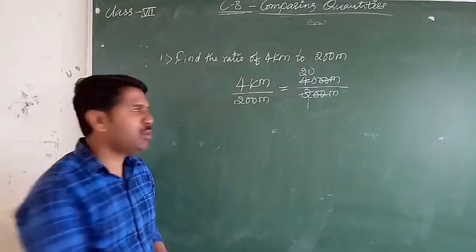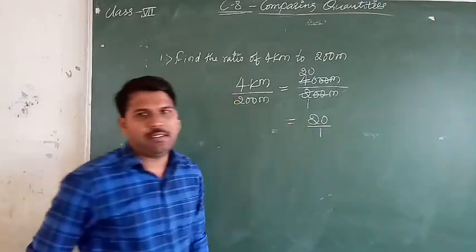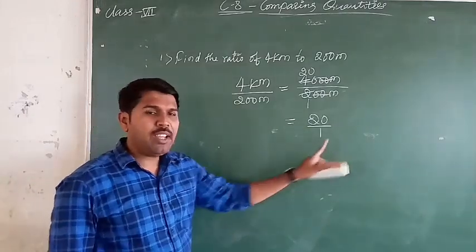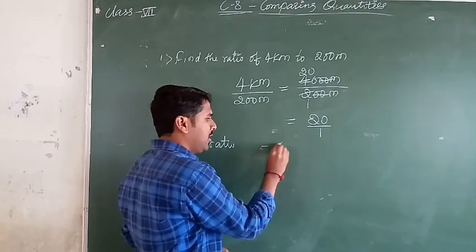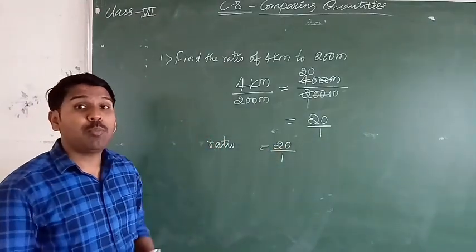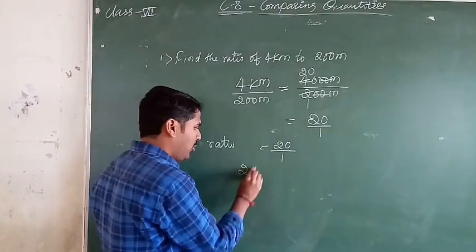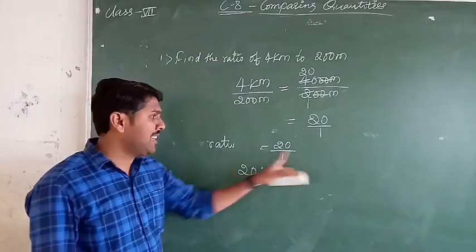So what is the ratio? You will get 20 by 1. So the ratio is 20 by 1. Otherwise as a proportion, 20 is to 1. This is the proportion and this is the ratio.